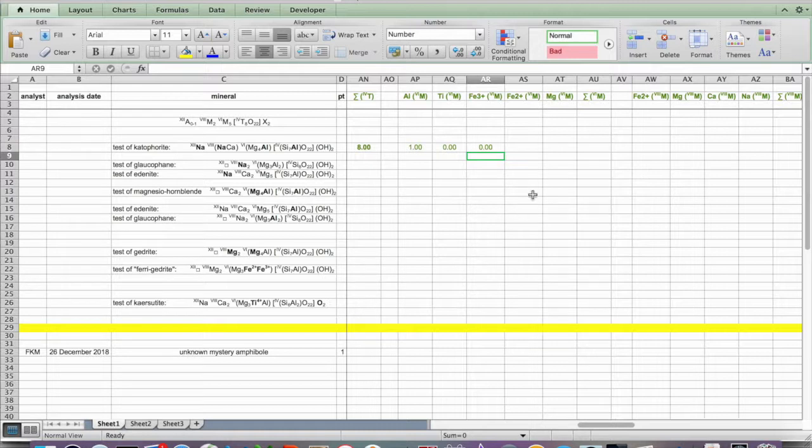So we've got to figure out a way of being able to put some iron and magnesium into the 6-coordinated site, and then some iron and magnesium into the 8-coordinated site. But we have the added complication here that we have two different cations that we have to do this distribution with.